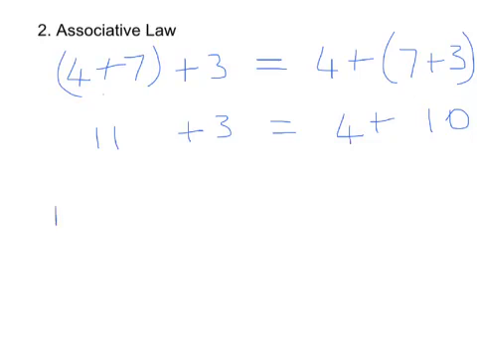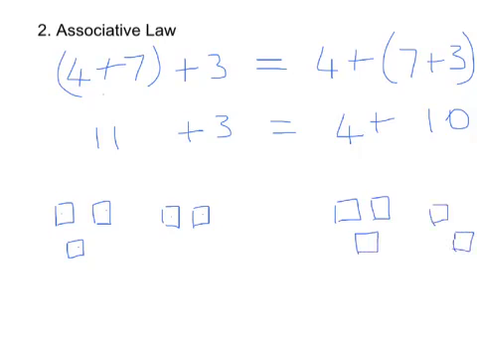Now, we can think about it in terms of a diagram. If I've got 3 blocks over here and I've got 2 blocks here, I can count them in whatever way I like. I can count 1, 2, 3, 4, 5, or if I've got 3 blocks and another 2, I can count 1, 2, 3, 4, 5. The arrangement doesn't matter. That's the associative law.